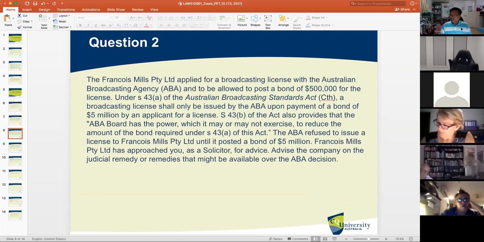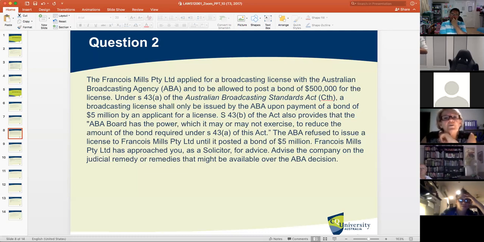Okay. Question 2. Can somebody read question 2 for us? I'll read it. Francois Mills Proprietary Limited applied for a broadcasting licence with the Australian Broadcasting Agency, ABA, and to be allowed to post a bond of $500,000 for the licence.